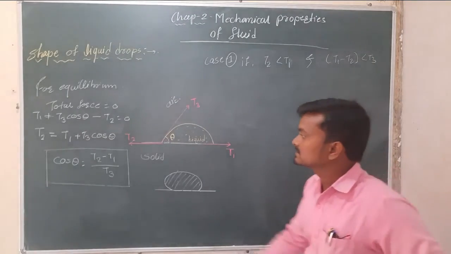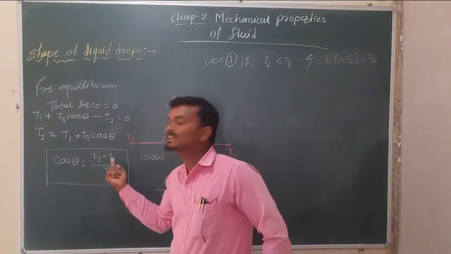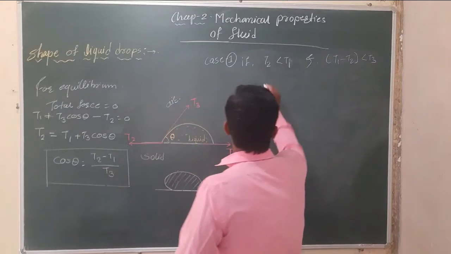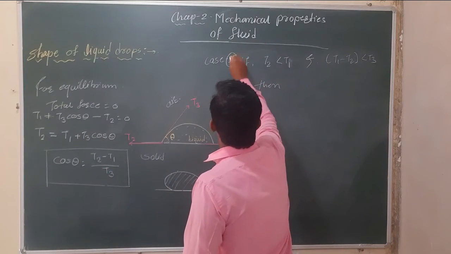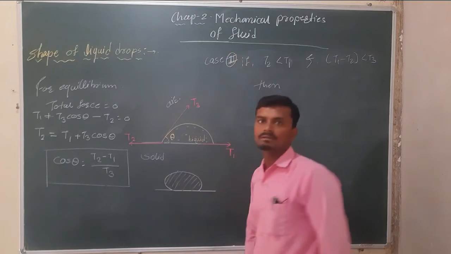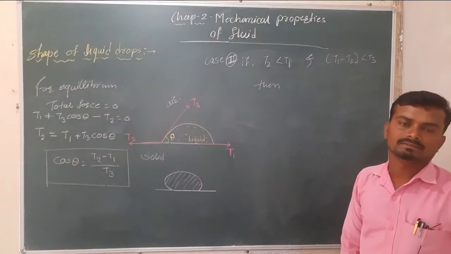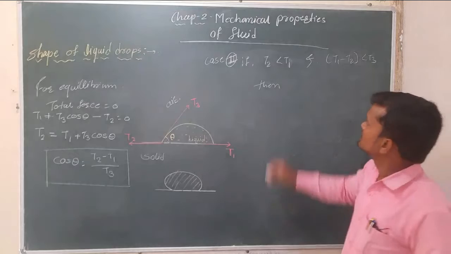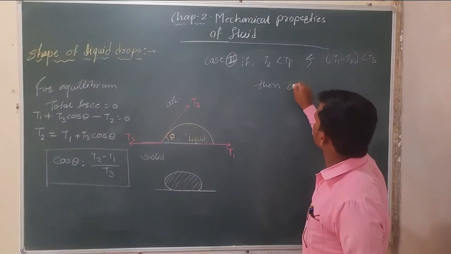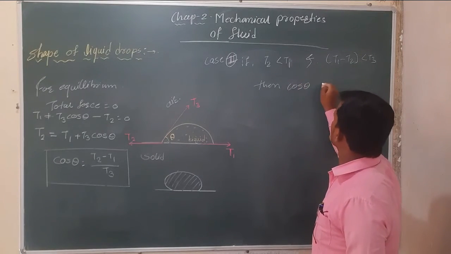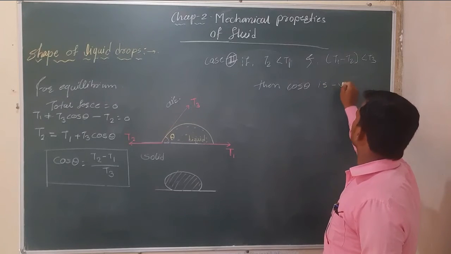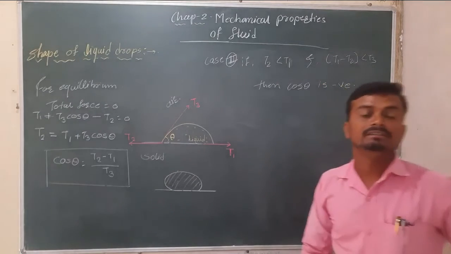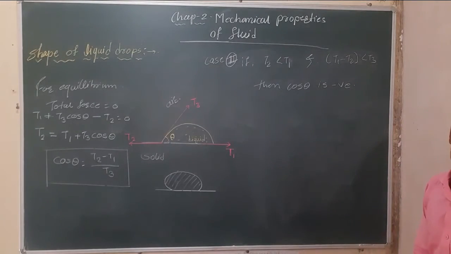In that case, if T2 is less than T1, then cos of theta, here we discuss the second case, cos of theta is what? Negative. Cos of theta is negative.